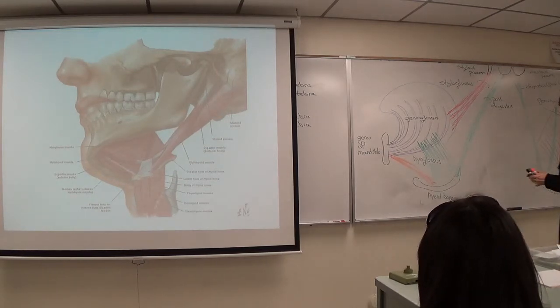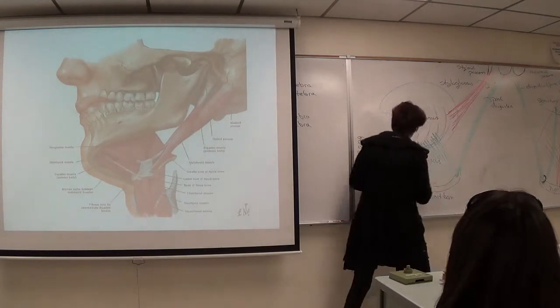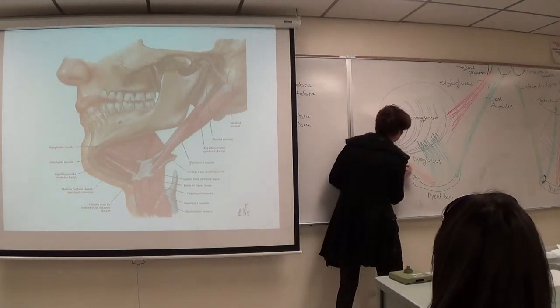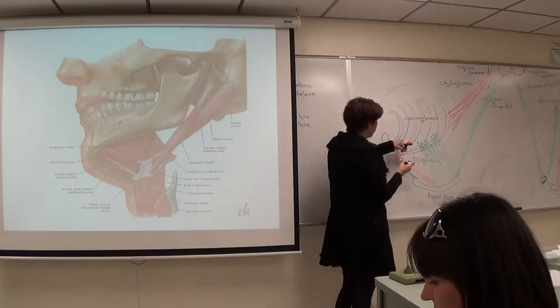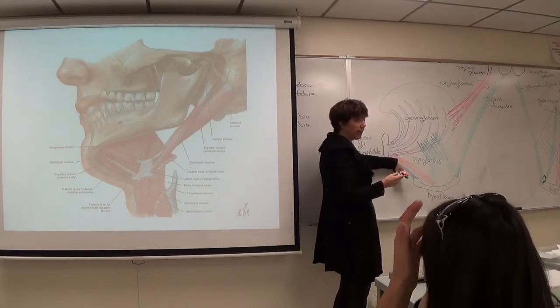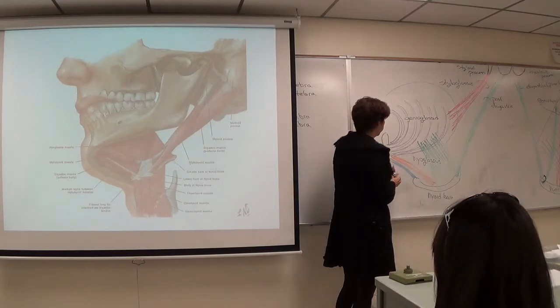Alright, so if I put in the mylohyoid here, it's going to look like this. We have genioglossus, geniohyoid, and mylohyoid from a sagittal view.